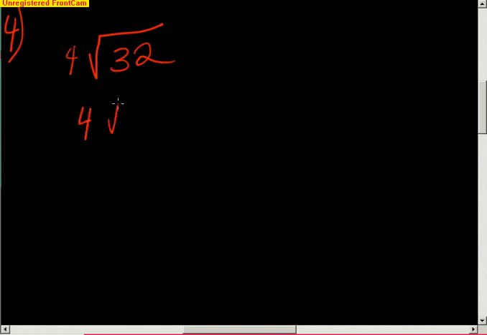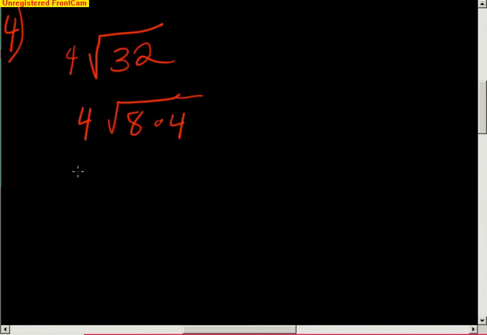Question number 4 is 4 root 32. Alright, so I'm looking for a perfect square that is a factor of 32. Well, 4 goes into 32 8 times, and there's nothing wrong with doing that. Let's try that first. 4 times 8. Now, we know the square root of 4 is 2.